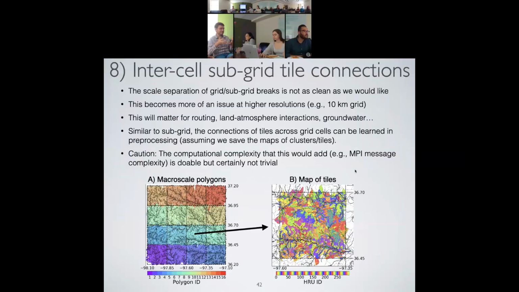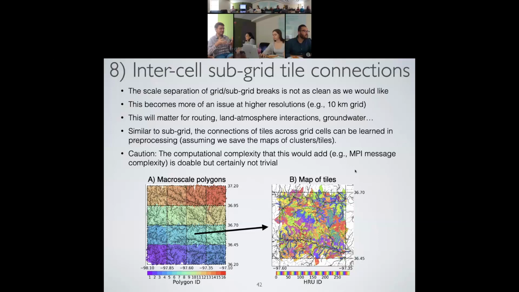And the last one, intercell subgrid tile connections. In the 1 degree realm, this doesn't really matter that much because you can effectively assume that your 1 degree grid cells are independent from each other. But the moment you go into a weather prediction 10-kilometer or 5-kilometer grid situation, you need to think about how the grid cells themselves talk to each other.